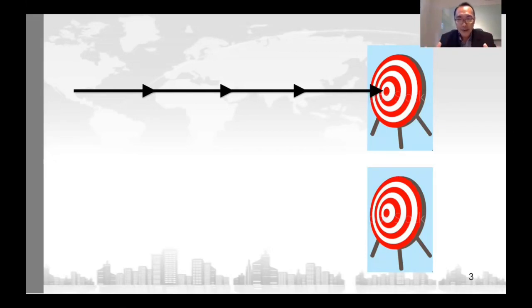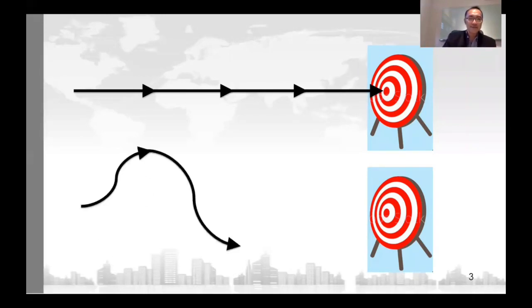And we get a clearer picture as we move towards the goal, but at the starting point, we probably don't know exactly what the goal is and what you are trying to achieve, right? So that's the thing. And because you're not very clear about the goal, you are also not very clear about how to get there. So you may be moving in different directions, adjusting as you go along, and eventually, hopefully, you have a clear picture and you meet the goal.